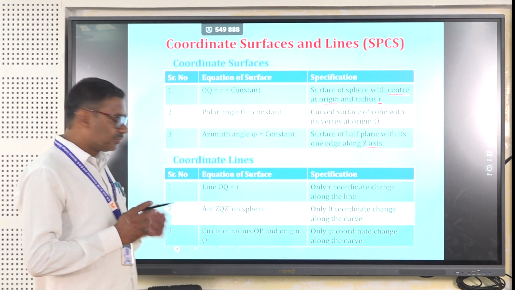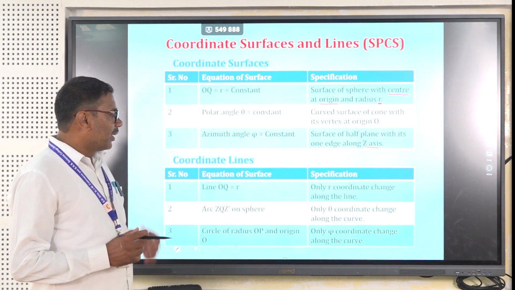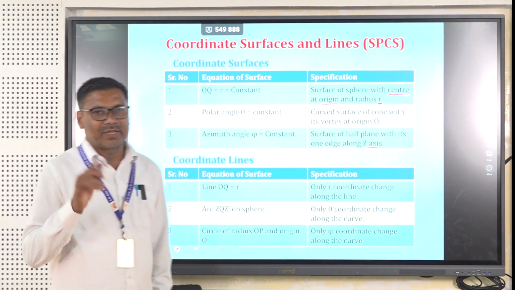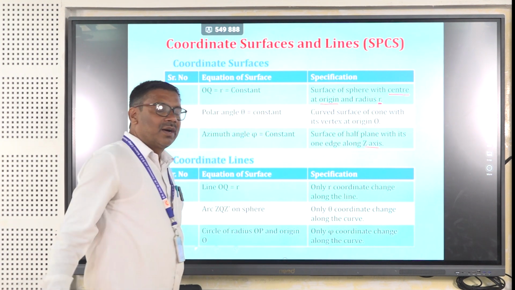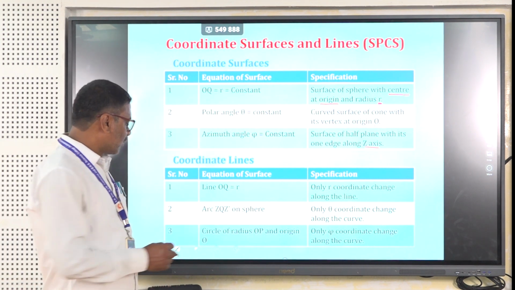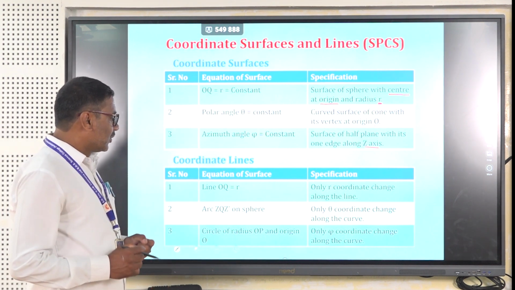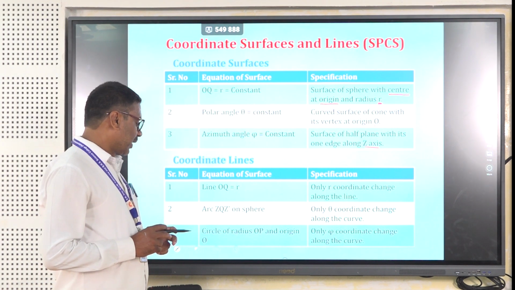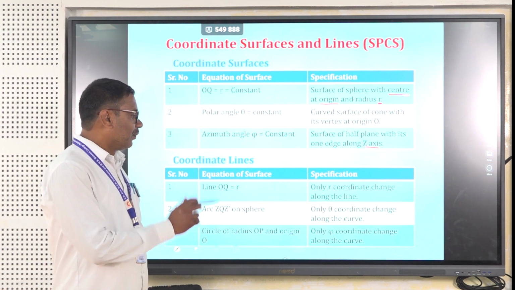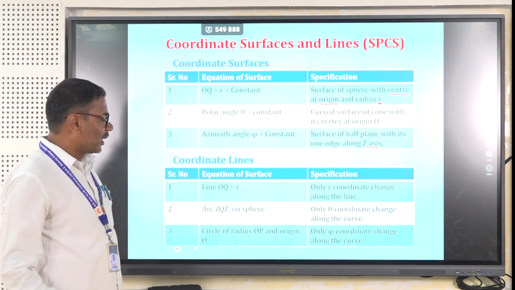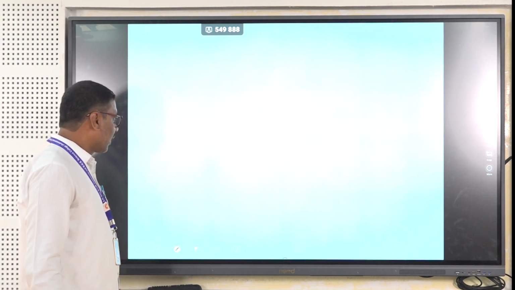Then the arc ZQZ is on a sphere, and for that the theta coordinate is varying from 0 to pi, and coordinates r and phi are constant. Next, for the circle, coordinate phi varies while the other two are fixed, a circle of radius OP centered at the origin O. Along that curve the phi coordinate is varying and the remaining two coordinates are fixed.